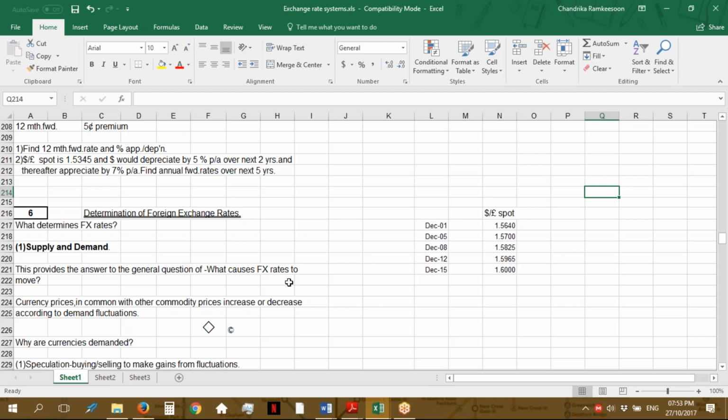And then the third reason is to satisfy debt obligations. And these are things you need to know. So if, for example, a US firm borrowed, or raised a 5-year loan in sterling, maybe 100 million sterling, the US firm is going to have to pay interest in sterling.